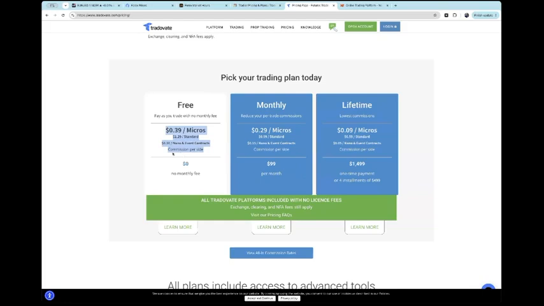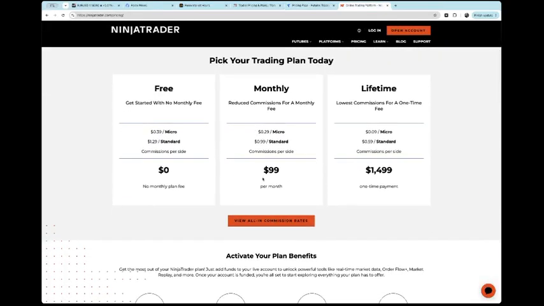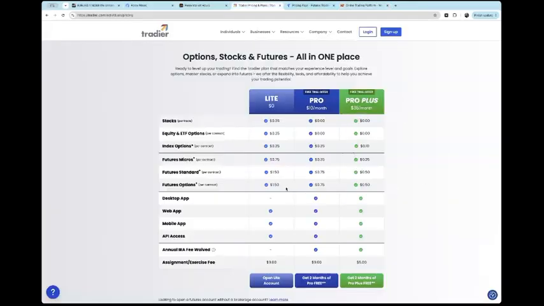This one is commission per side, which comes to 1.29 for the standard without paying anything. And if you pay for lifetime, again move on to Ninja. You will get such kinds of brokers, because I think they have merged their platforms. So just understand the difference, how much difference we are paying.